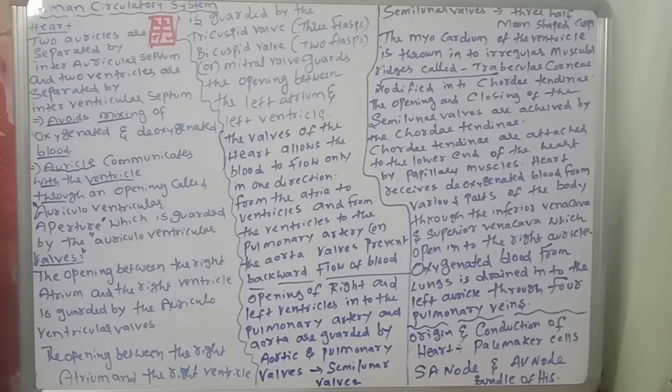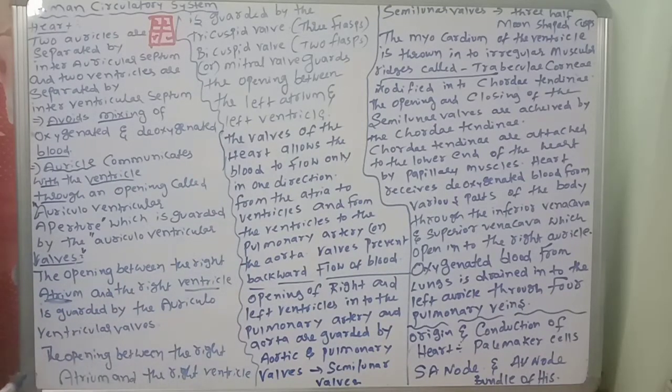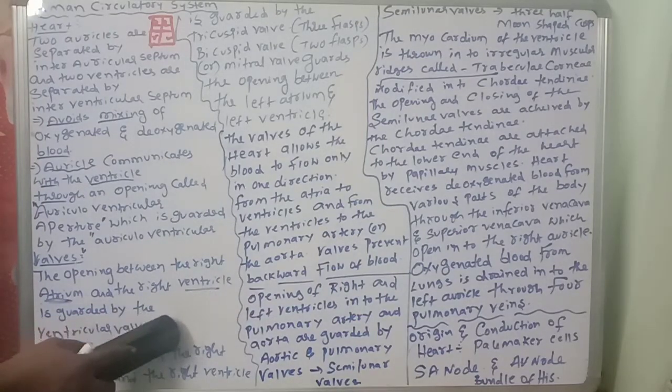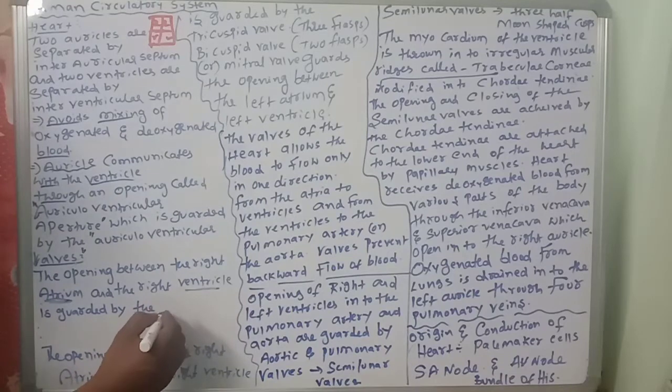The opening between the right atrium and right ventricle is guarded by the auriculoventricular valves. This is very important. The opening between the right atrium and right ventricle is guarded by, a little correction, the tricuspid valve.